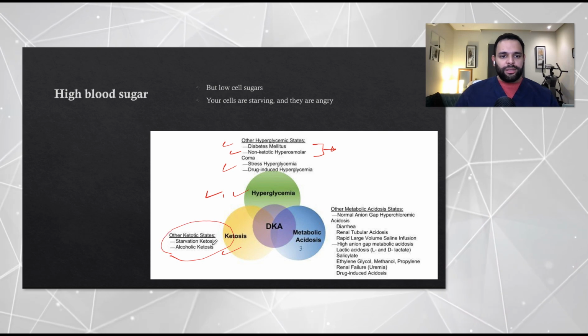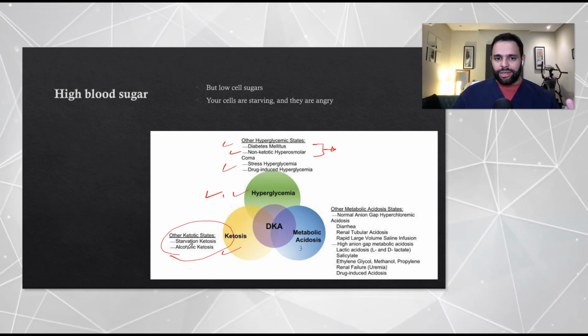For ketosis, whether starvation, alcoholic, or diabetic ketoacidosis, you have the metabolic acidosis, which happens in multiple other states, whether it is a normal anion gap or a high anion gap metabolic acidosis.